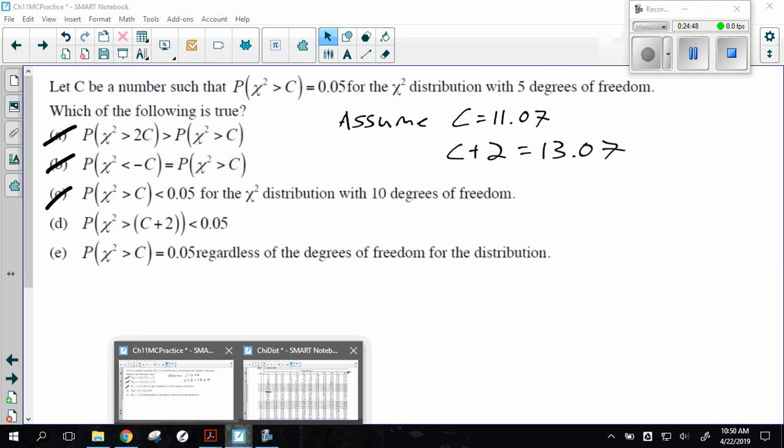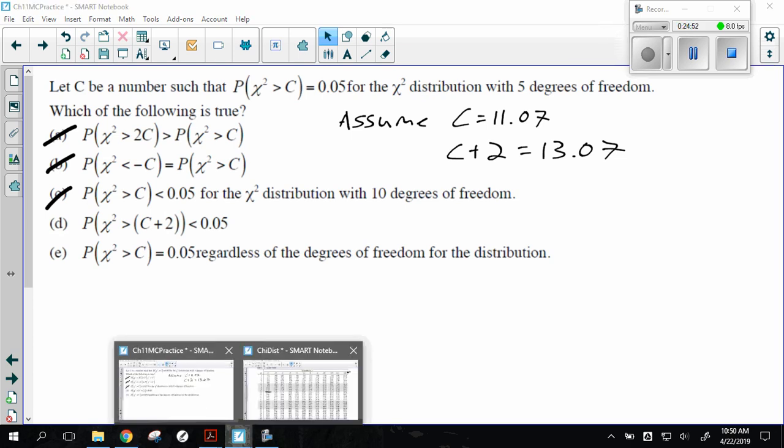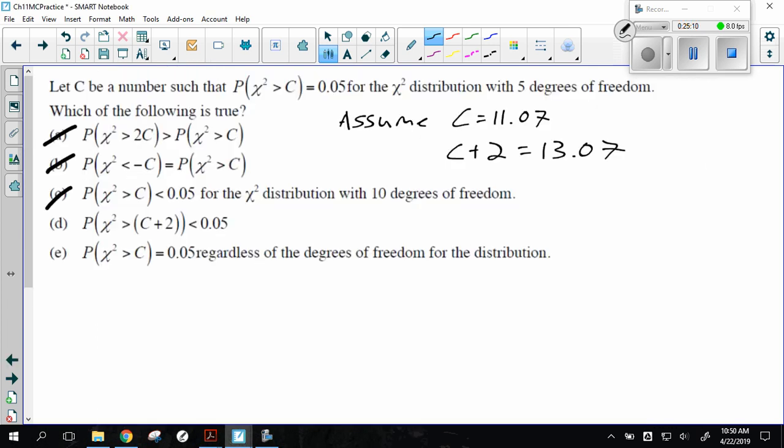So let's look at the probability of the chi-square statistic 13 with 5 degrees of freedom. Indeed, it's going to be in this range right here, which is going to be less than a probability of 0.05. So far I like this one.